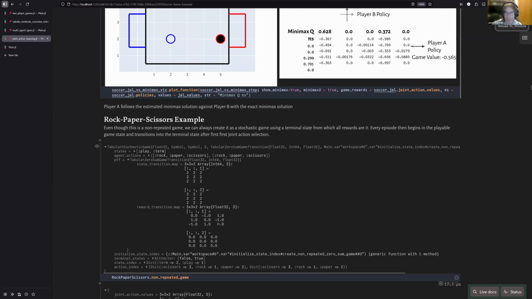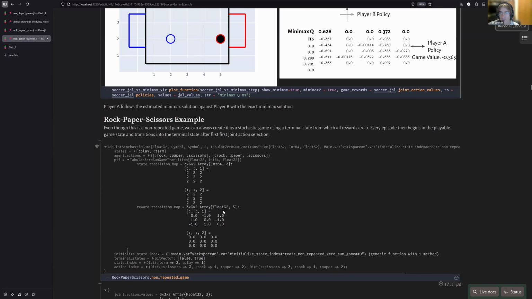On the diagonal, the value is 0. Those are cases where you tie, you both pick the same action. And then every row has an action that loses and an action that wins. This is just how rock, paper, scissors works. And this is just a normal form game, right?